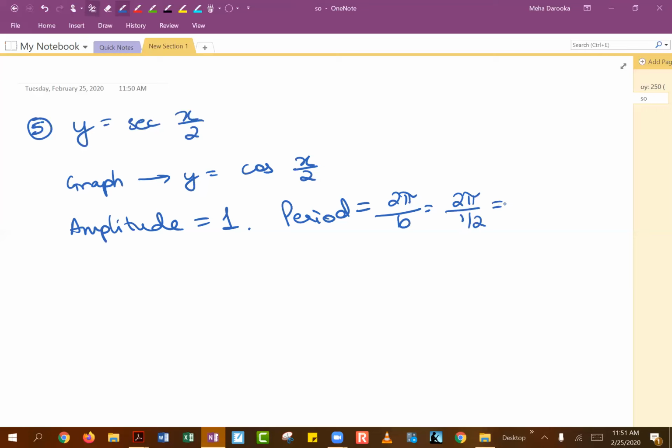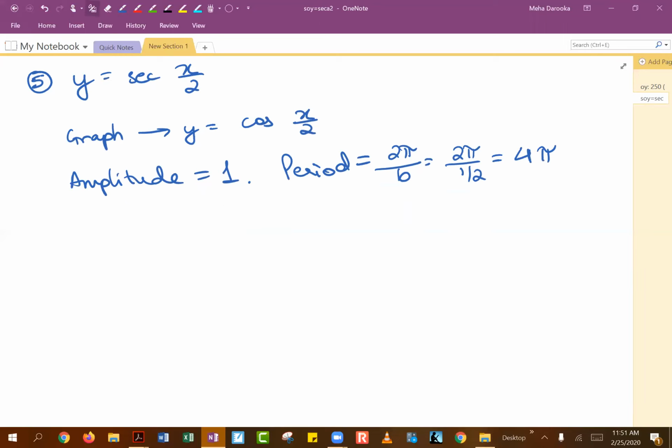No, because you're dividing by 1/2, right? Yeah, very good. It will be 4 pi. Alrighty, very nice. Okay, and then what are we going to do next? What did we do for the previous example?